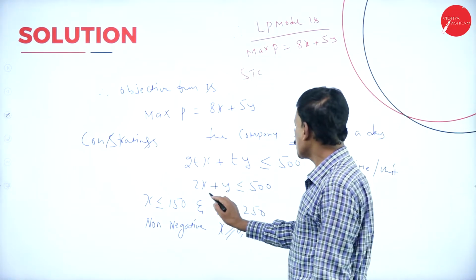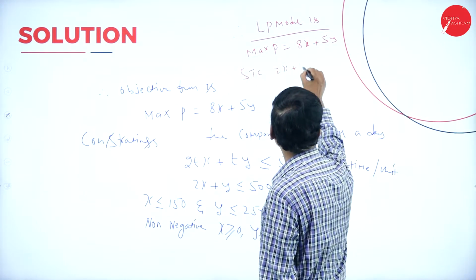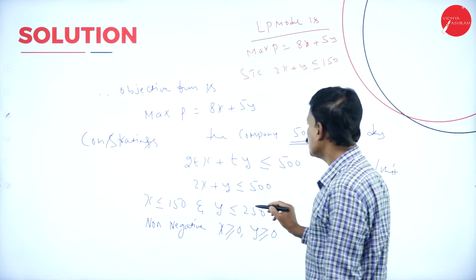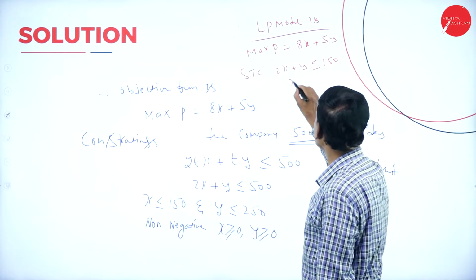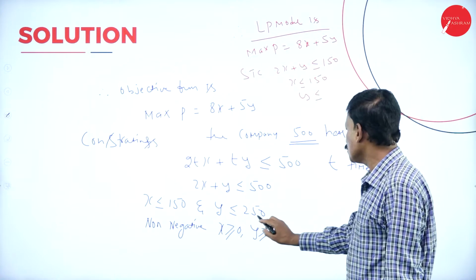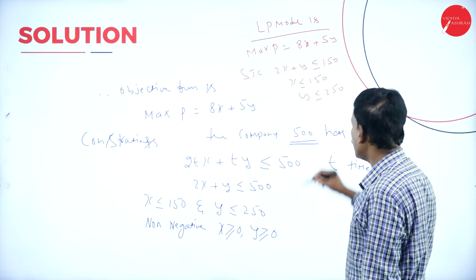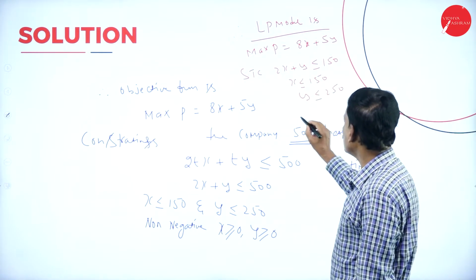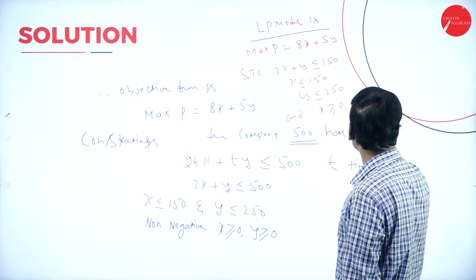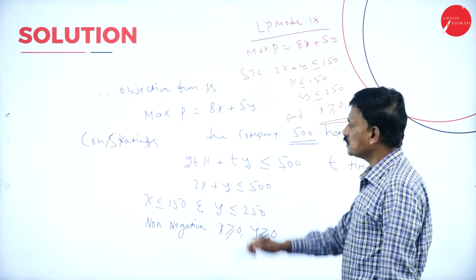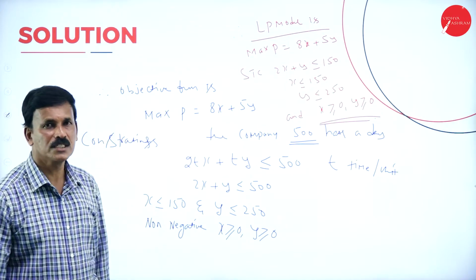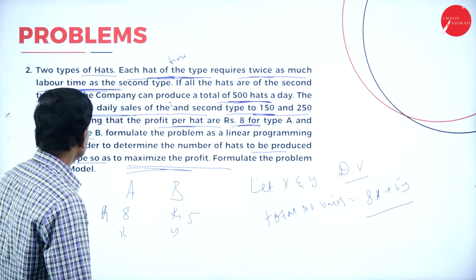What are the constraints? 2x plus y less than or equal to 500, then x is less than or equal to 150, y is less than or equal to 250, and the non-negative restrictions, x is greater than or equal to 0 and y is greater than or equal to 0. This is the required LPP for the given statement. See here, very simple.